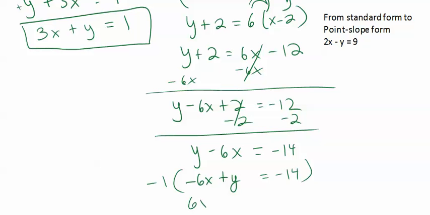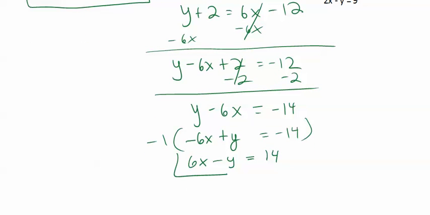So this will be a positive 6x to get my a positive, and this will be a minus y, and this will be a positive 14. Okay, so all that did was change every sign, but it gave me the result that I wanted, a positive 6x. So remember that this is your a coefficient, your b coefficient in this case is negative 1, and your c coefficient is positive 14.